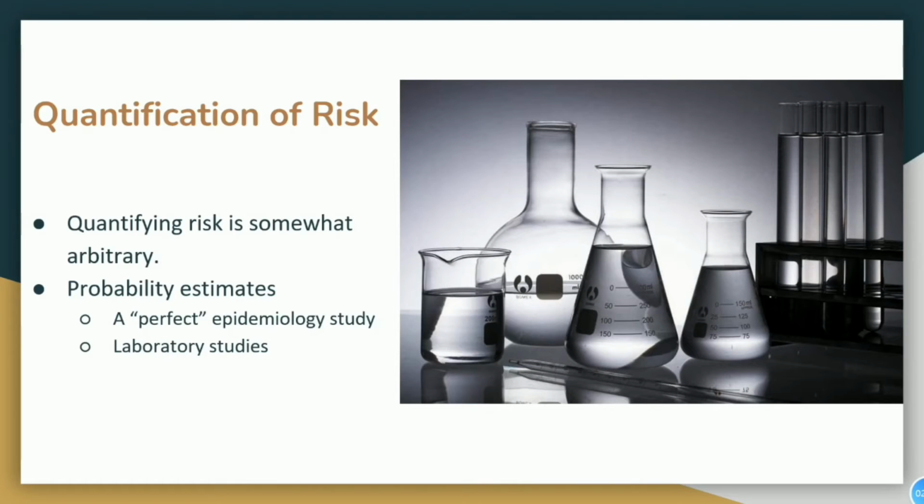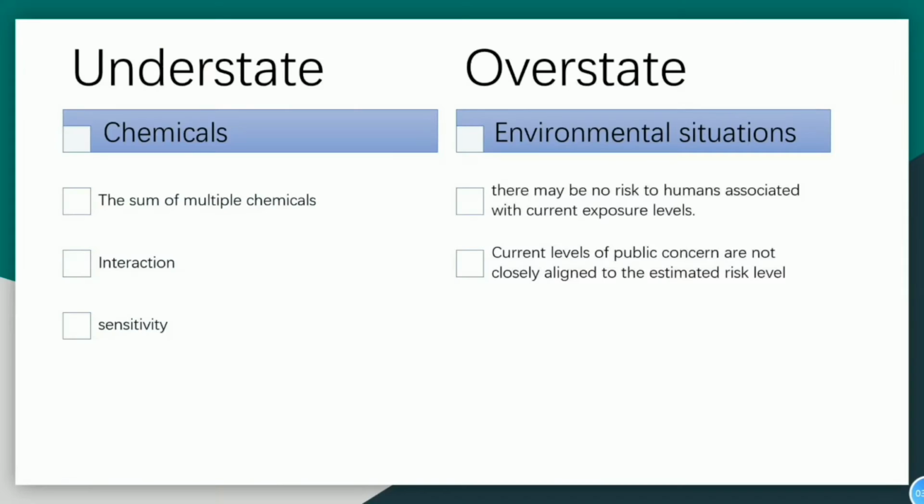So then the author gives us some reasons for overestimating and underestimating. On the underestimating side, it is mostly about chemicals. People are exposed to a number of chemicals, so the true risk will be the sum of individual chemical risks.